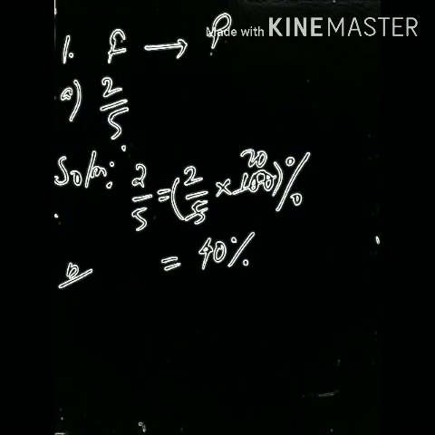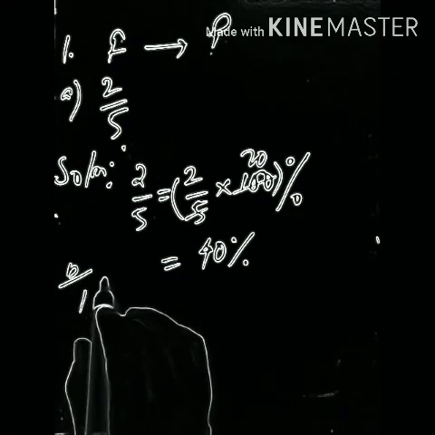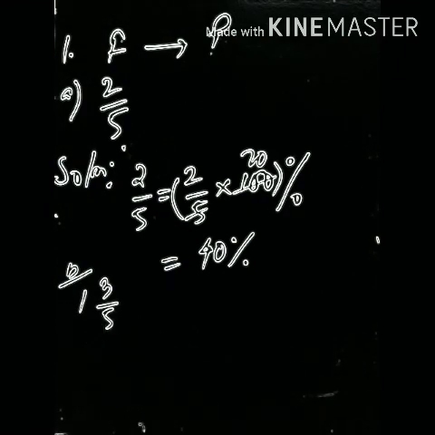The given question is one whole number 3 by 5. This is actually a fraction. What kind of fraction? We call it a mixed fraction. Why do we call it a mixed fraction?